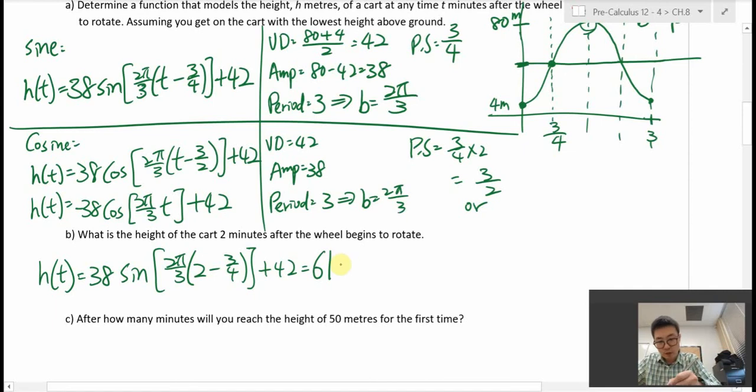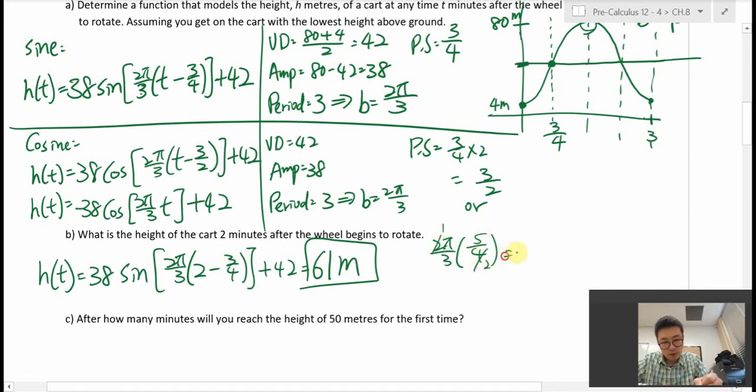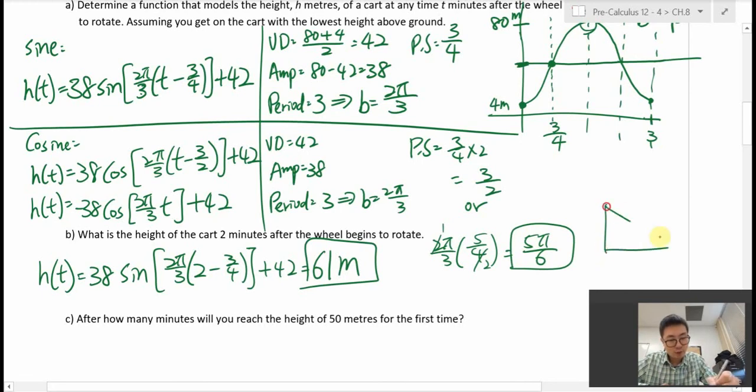61, what is it, meters? It's an exact value, and I'll show you why. 2 pi over 3 times 5 over 4, and you can see this is actually 5 pi over 6, which has a reference angle of pi over 6. So we think about this triangle right here: 1, 2, root 3.